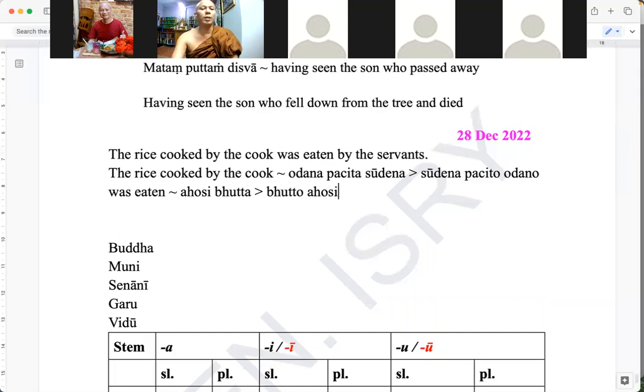And then "by the servants". Servant means sevaka, and with "by" the servants, it is instrumental case plural, so sevakehi.